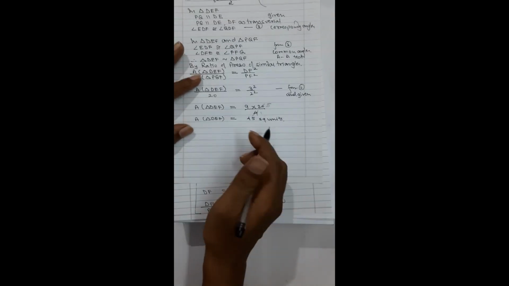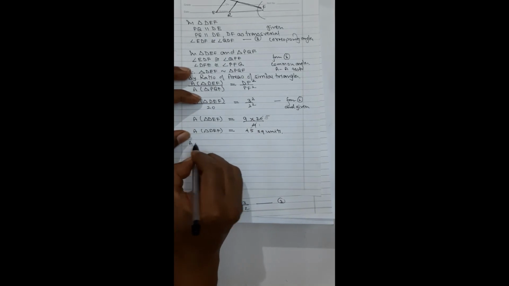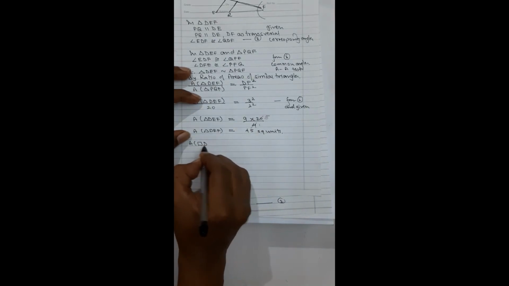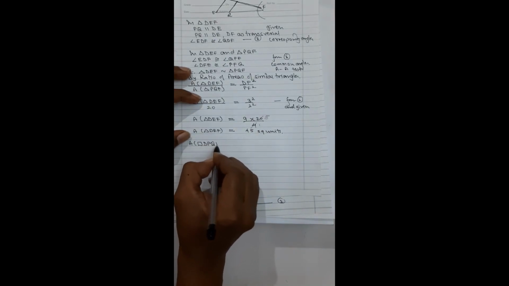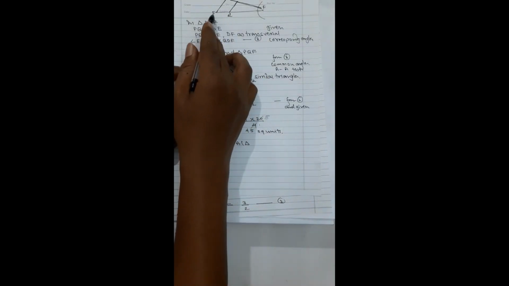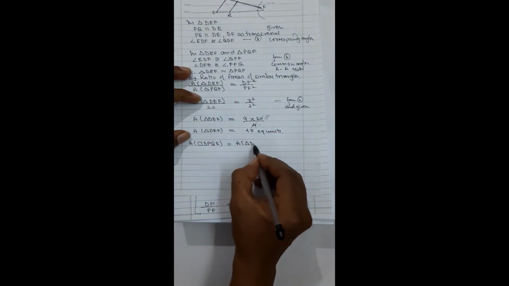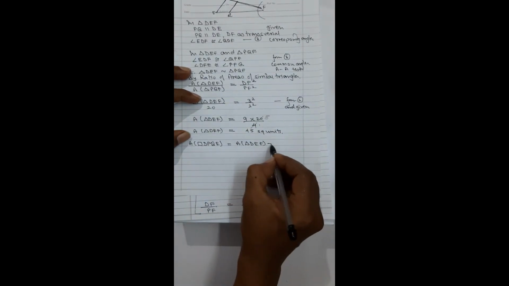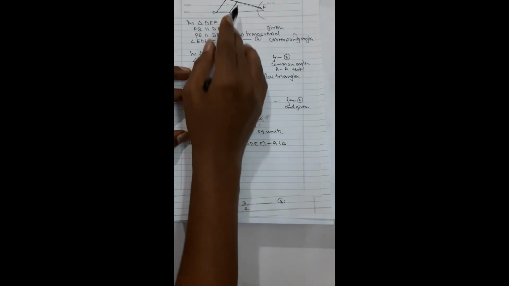So write over here: area of quadrilateral DPQE is equal to area of the full, bigger triangle DEF minus area of the smaller triangle PQF.